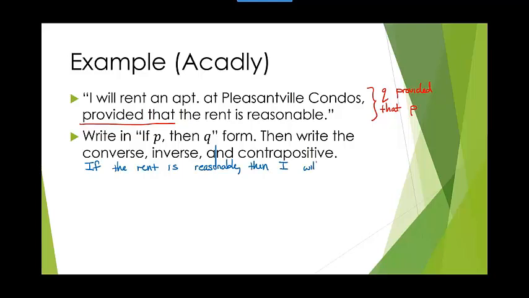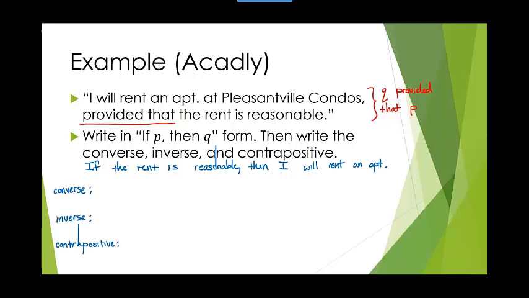I'm going to abbreviate some parts of the sentence, so I will rent an apartment at Pleasantville Condos, but I won't write all of that. Now we have it in if P then Q form, in the proper order. We can take that sentence and from there write the converse, inverse, and contrapositive.